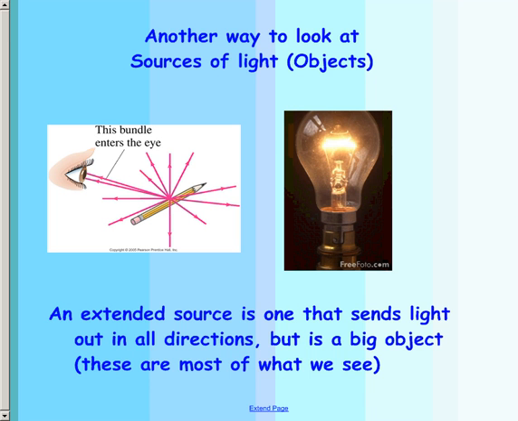So think of a light bulb that you're close to, a big light bulb, a regular one you screw in, or most of the objects that we see, tables and cars and dogs and cats and all the stuff that we get to look at. They are extended objects because light is bouncing off in all directions, because lots of people can see them from all around, right? So light's going in every direction, but they're big things. Okay, they're not just point sources.